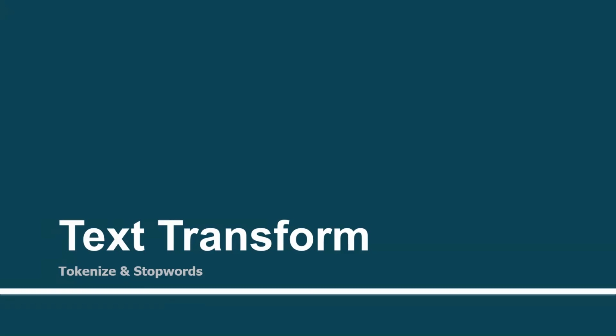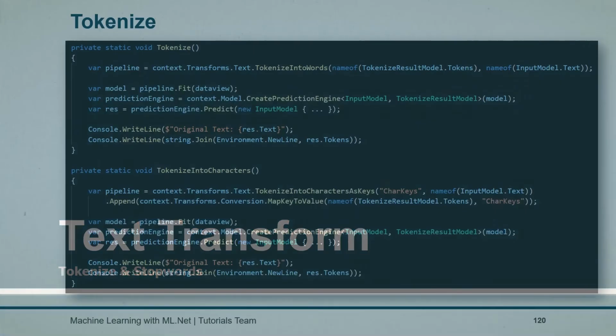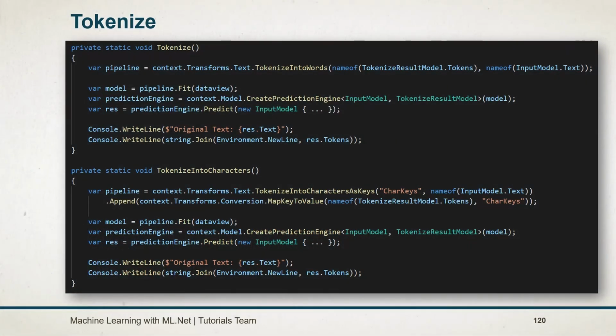Let's see what we have learned in this session. Tokenize means separating the text into words or characters. For this, we need to use TokenizeIntoWords or TokenizeIntoCharactersAsKeys as per your requirement. When we tokenize by character, it gives the keys instead of the values, so we need to manually convert them back to values.